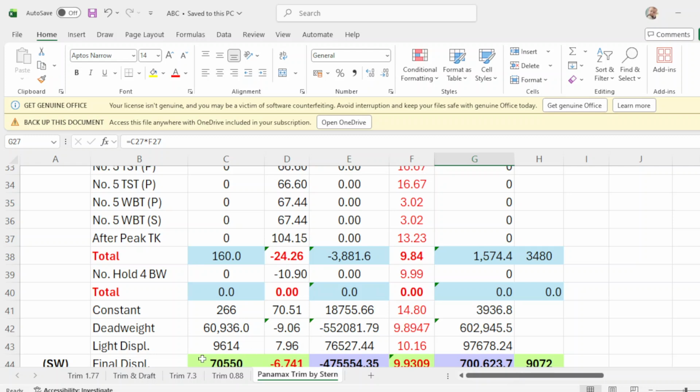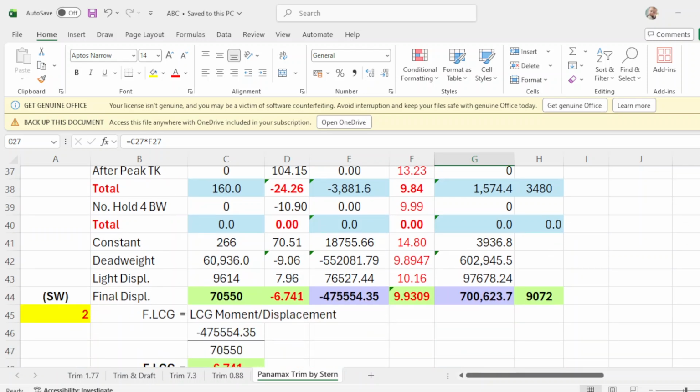Okay, you add your light displacement. This will be your LCG moment, multiply weight times LCG, and your KG multiply with your weight, this will be your vertical moment. Adding all the weights together, this will be your final displacement of 70550 times your weight.